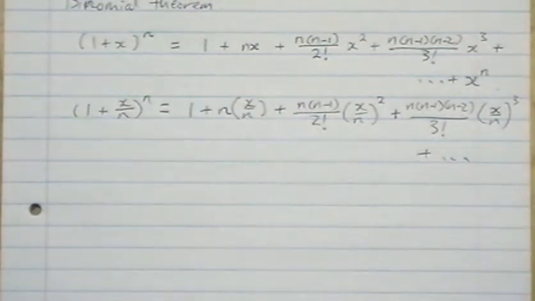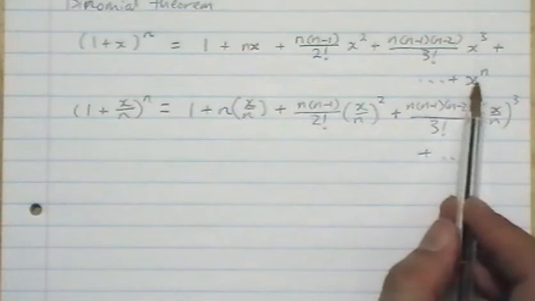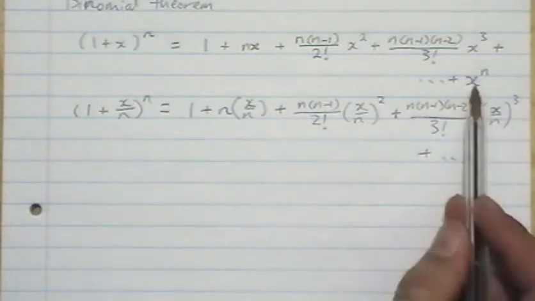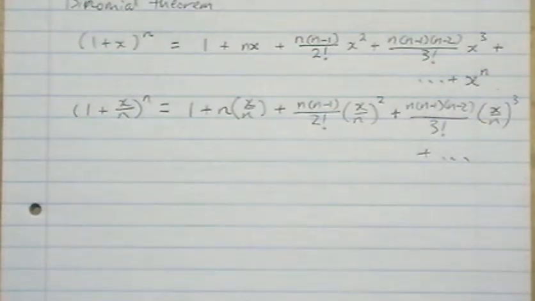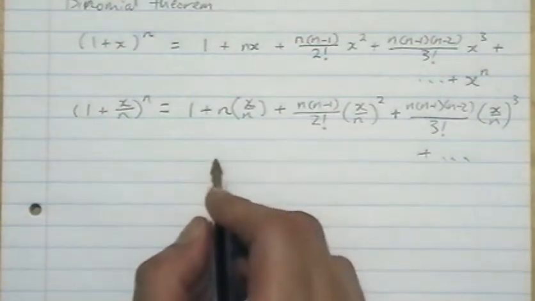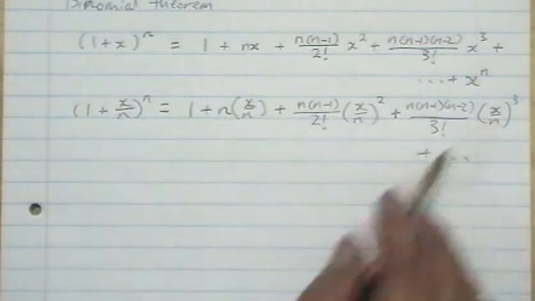Now I'm not going to worry too much about the last term because eventually n would go to infinity, so there would be no last term.